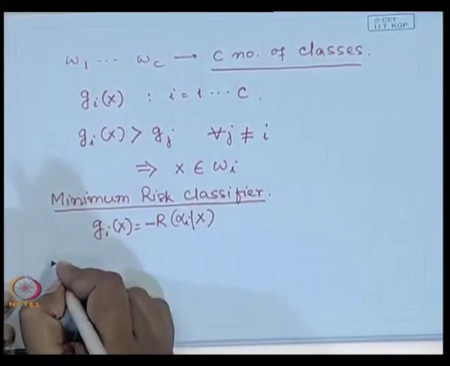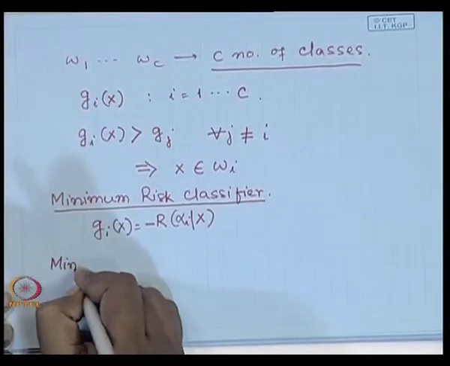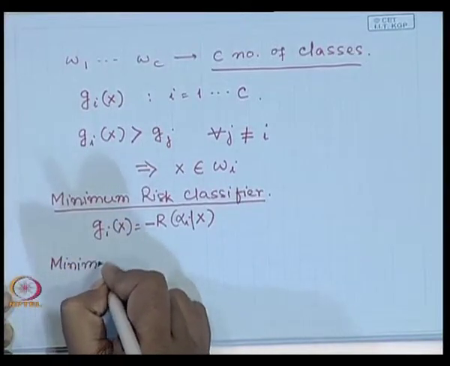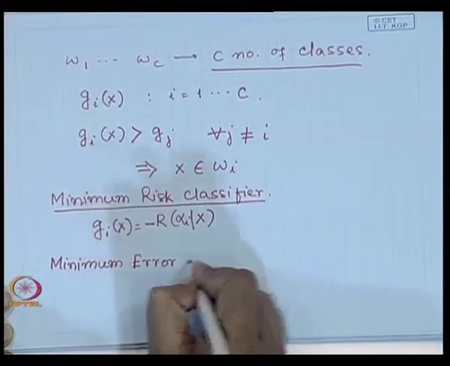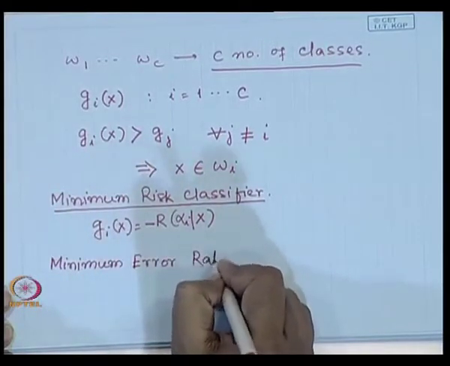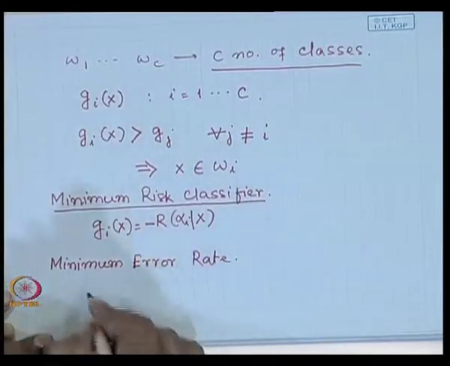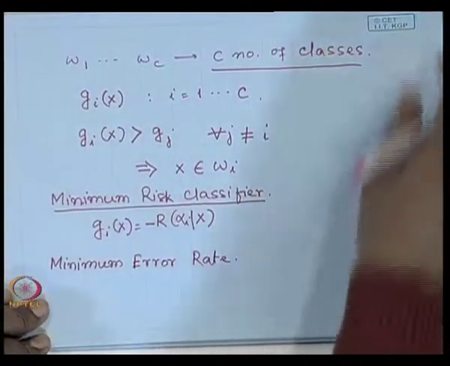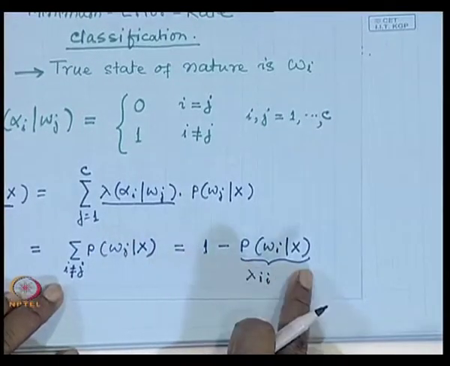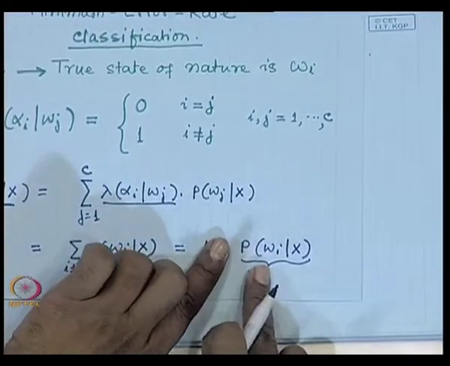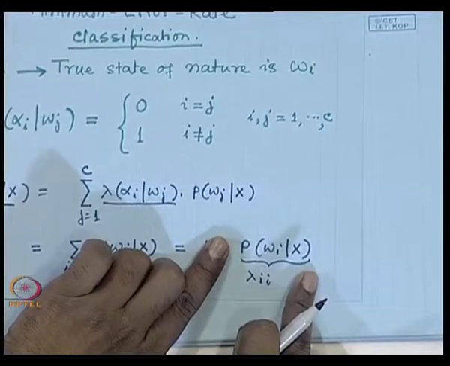Similarly, for minimum error rate classification, my condition was that 1 minus p of omega i given x has to be minimum. That means p of omega i given x has to be maximum.